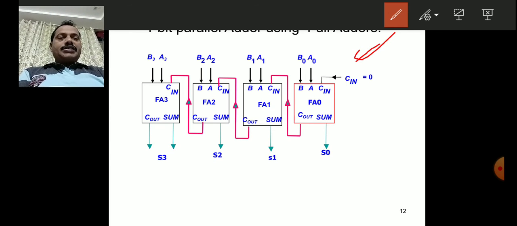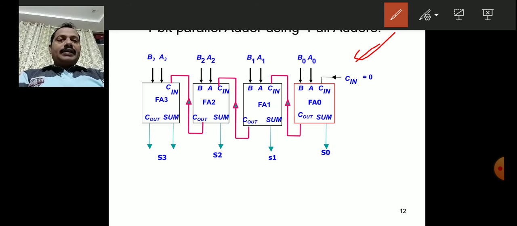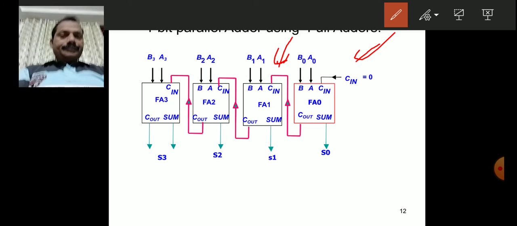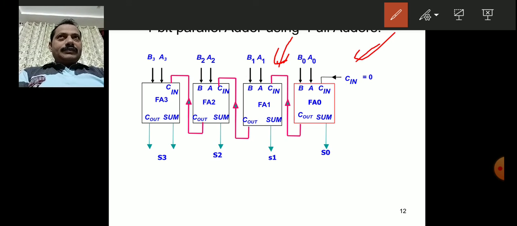This carry out is fed to carry in of the next full adder FA1, like this, and A1, B1 and Cin are added, and it produces the sum S1 and Cout, which is fed to the next full adder FA2. So this is the connection.